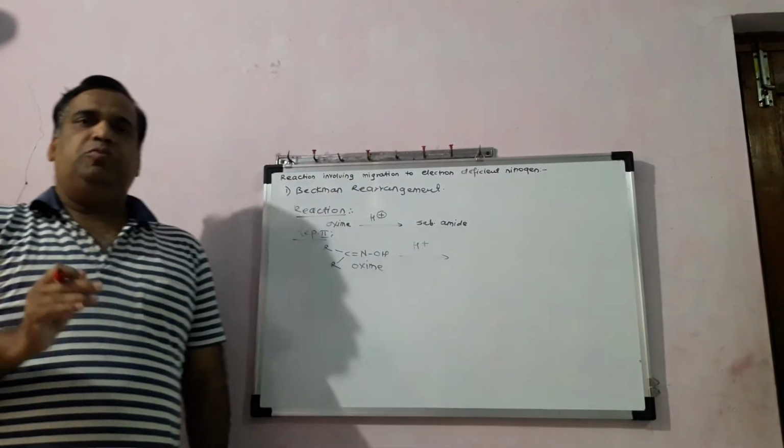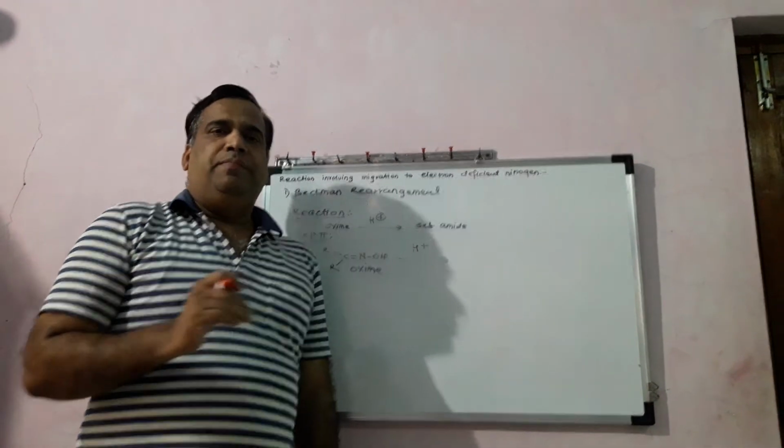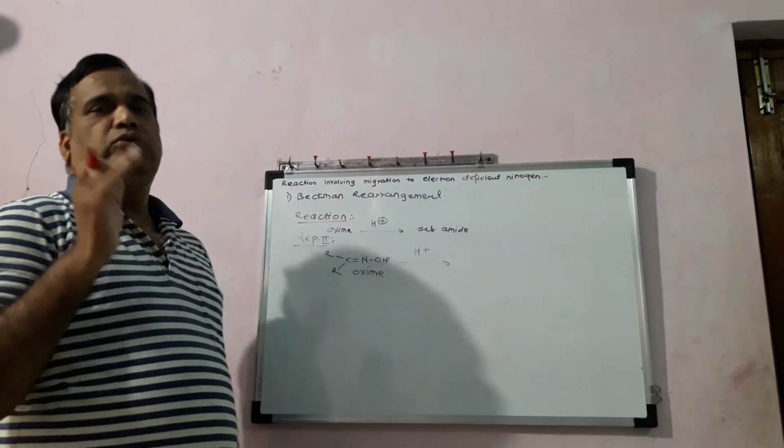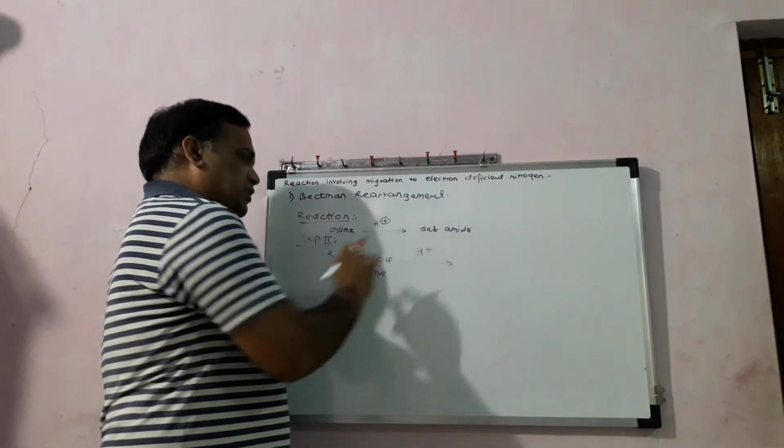It may be polyphosphoric acid, or any type of acid like PCl3, PCl5, SOCl2, whatever it may be, or H2SO4 also. So we are taking the H plus.